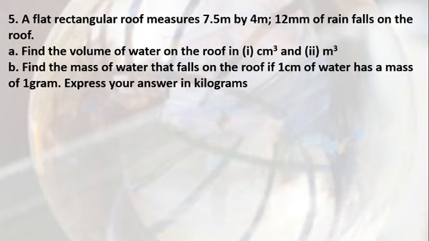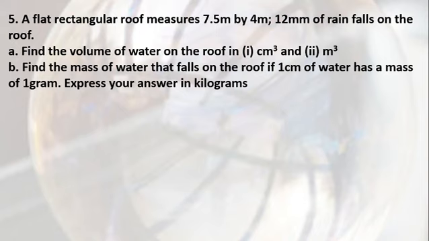Find the volume of water on the roof in centimeters cubed, and then in meters cubed. Then part B says find the mass of water that falls on the roof if 1 centimeter cubed of water has a mass of 1 gram, and the answer is to be expressed in kilograms.